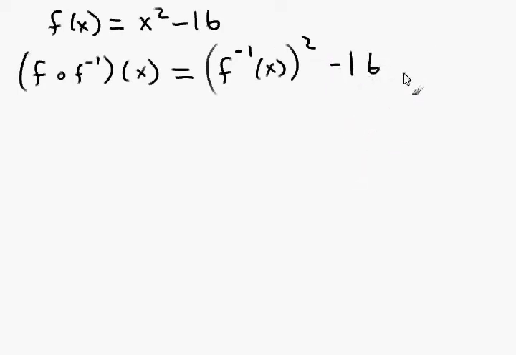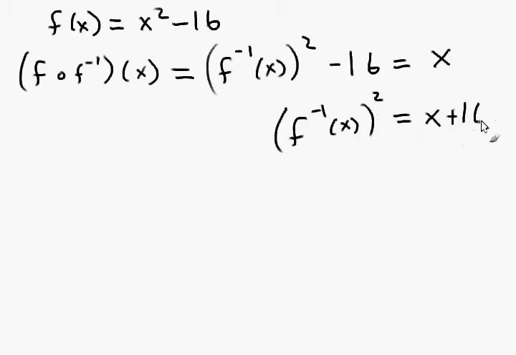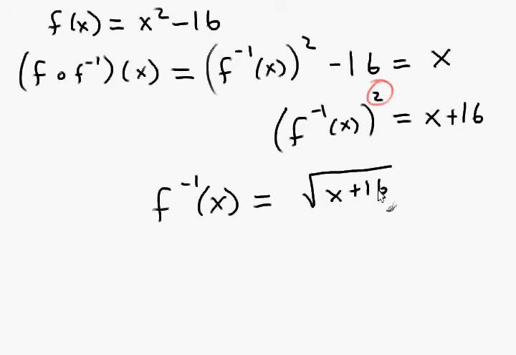And what do we want this to be? x. So we're looking for the inverse of it. Okay, well, let's go ahead and add 16 to both sides. I have f inverse of x squared is equal to x plus 16. And then square root. Okay, so f inverse of x will be square root of x plus 16.